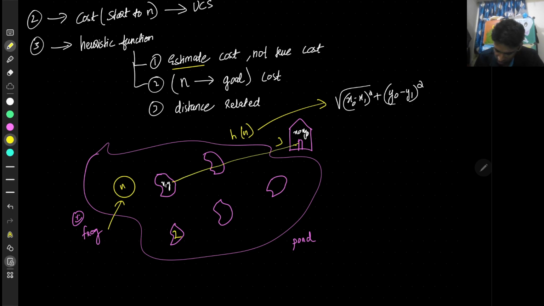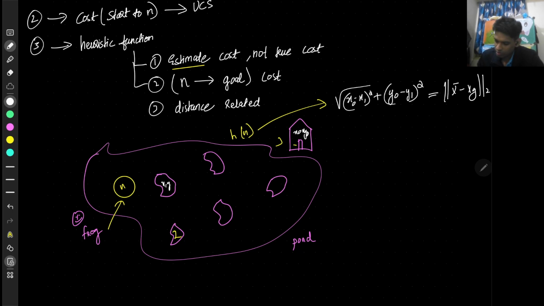But this might not be achievable actually. It is only an estimate, because ideally you have to travel along the actual path. The actual cost might be greater than the heuristic, or it might be less. It can be anything, but you are estimating it as the Euclidean distance. This is like the Euclidean norm. So how do I represent this?